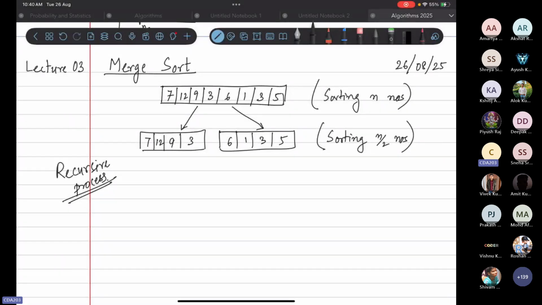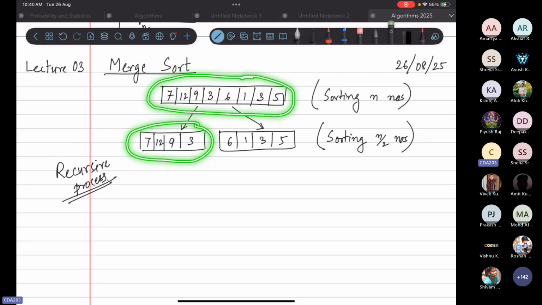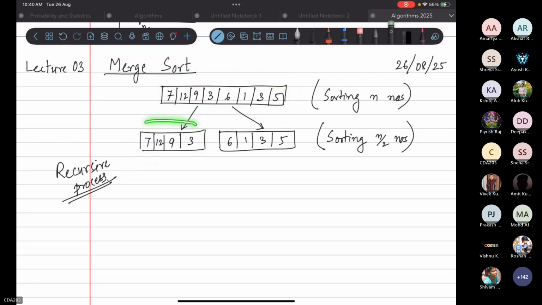So basically, in the first level, suppose we write some function for sorting n numbers. And at this step, we are not going to use any different algorithm for sorting the smaller subproblem.